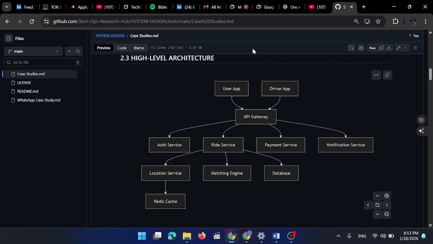The user app and the driver app all get to send request messages. The user sends a request message through the API gateway. Then the driver gets to accept it, all of them through the API gateway.